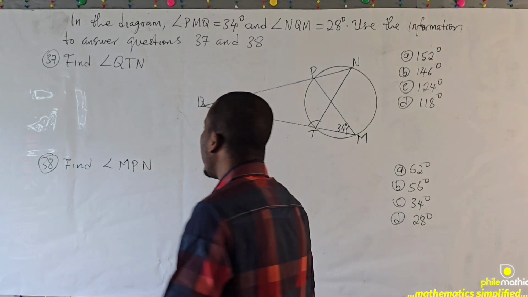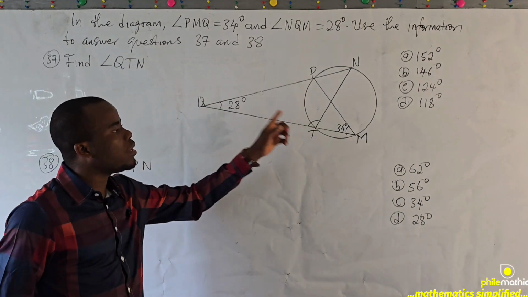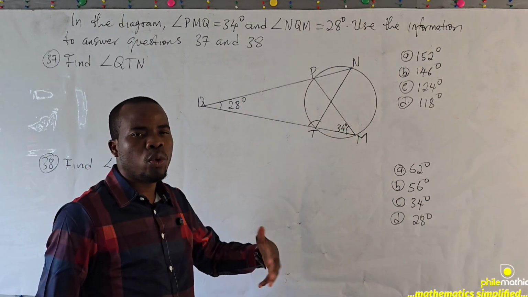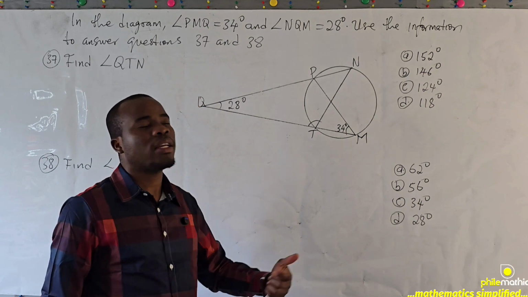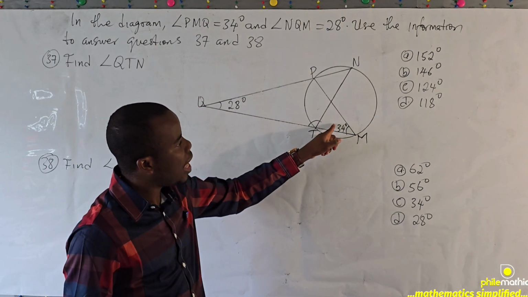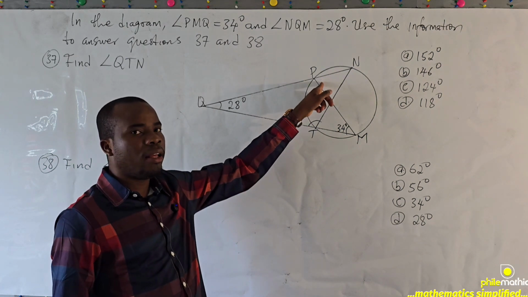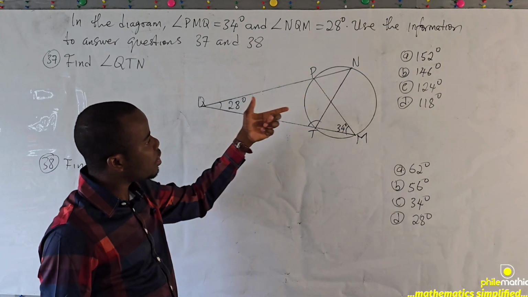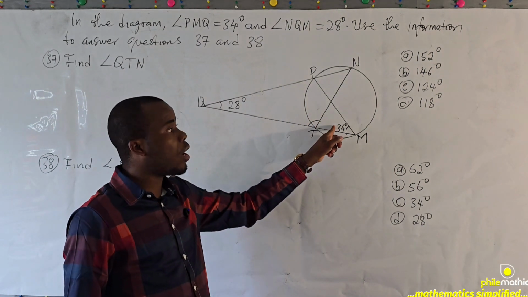And what I usually tell my students is, start from the angles you know. You want to ask yourself, from the angles you know, which other angles can you get? So, mere looking at this and this, I can easily get here because the exterior angle of a triangle is the sum of the two opposite interior angles.